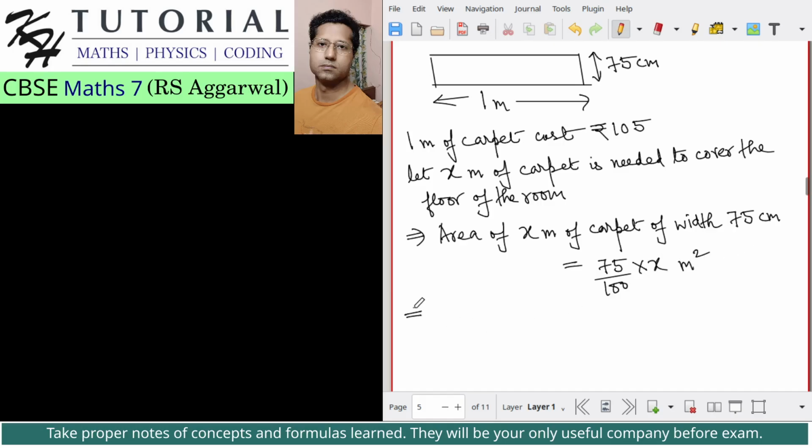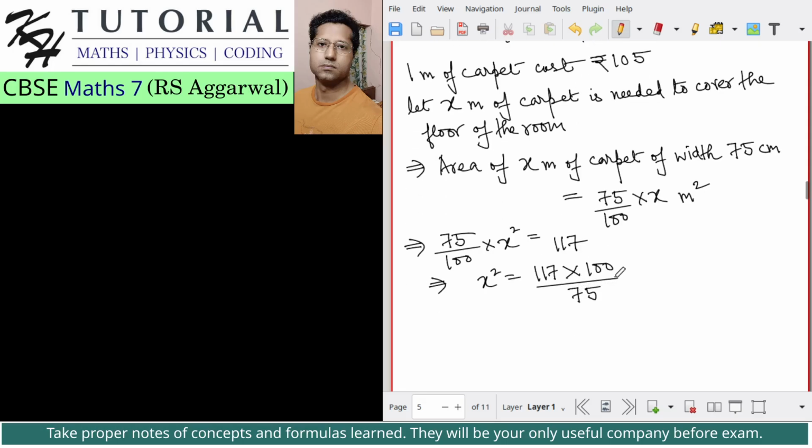So this area has to be equal to the area of the floor. So we must have 75 by 100 multiplied by x is equal to 117. So this implies x is equal to 117 multiplied by 100 divided by 75.